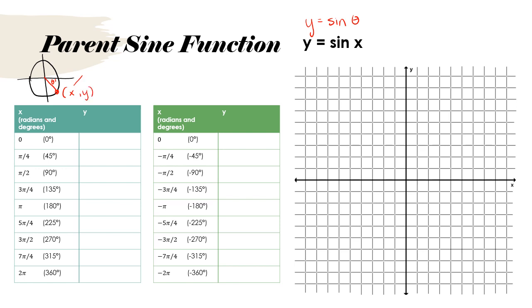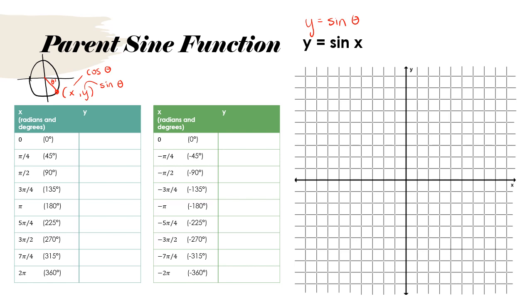So our x tells us the cosine of our angle, where our y tells us the sine of that angle. So if we're looking at perhaps a filled in copy of our unit circle, it's going to be our y values that we are interested in.